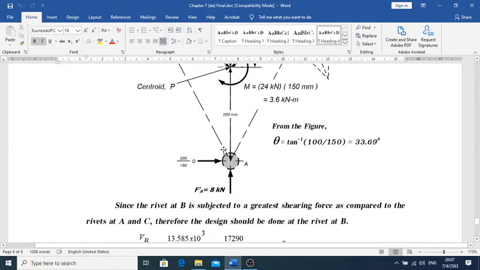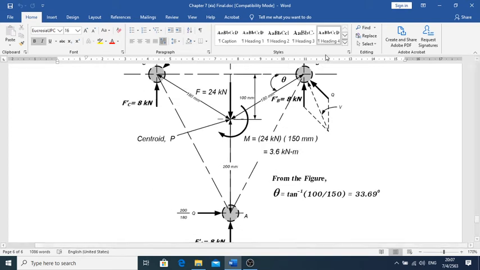Because we have 3 rivets, see the triangle there. The centroid is away from the base at 1/3 and 2/3 respectively: 1/3 is 100, 2/3 is 200, right?